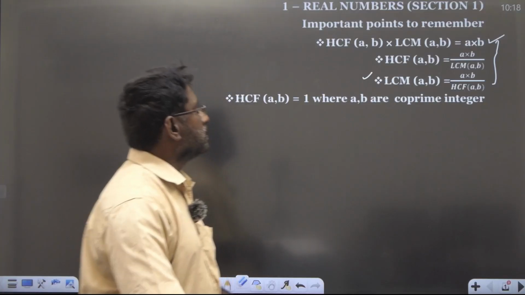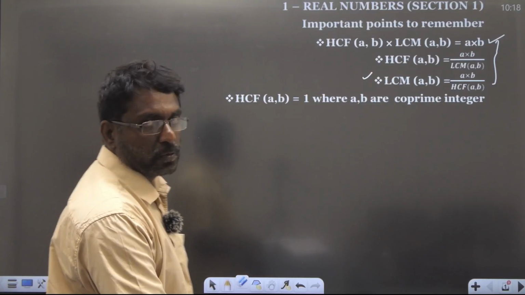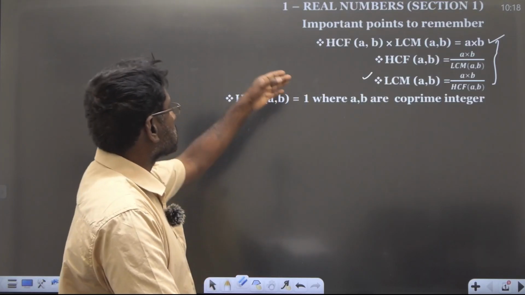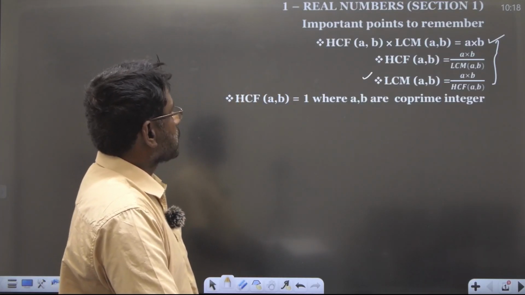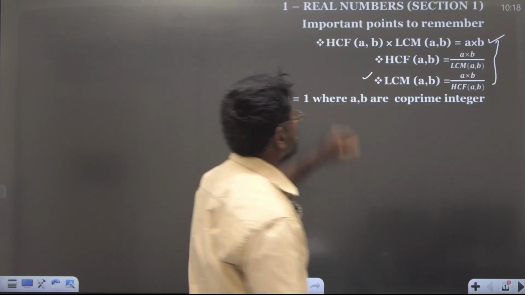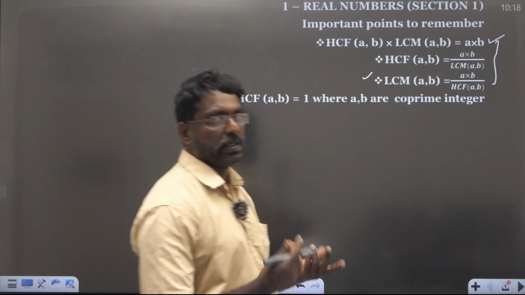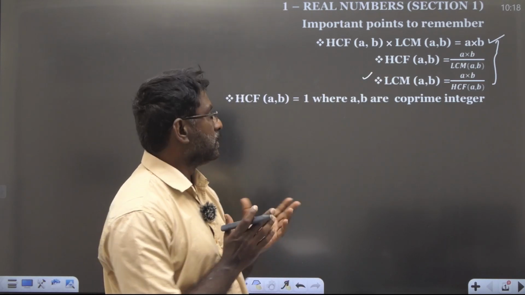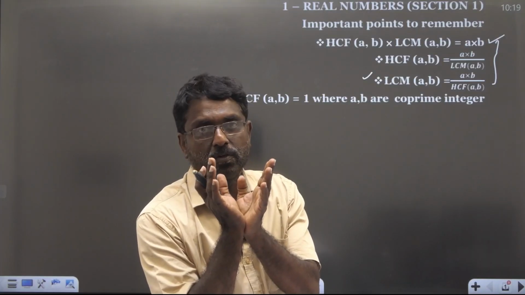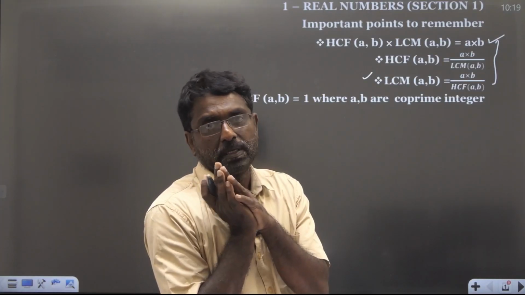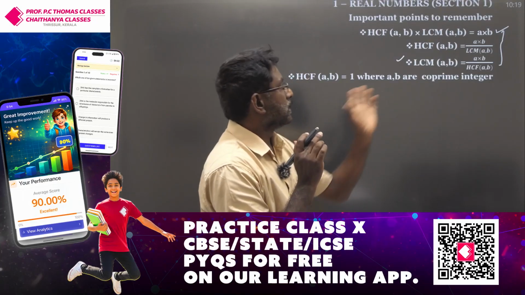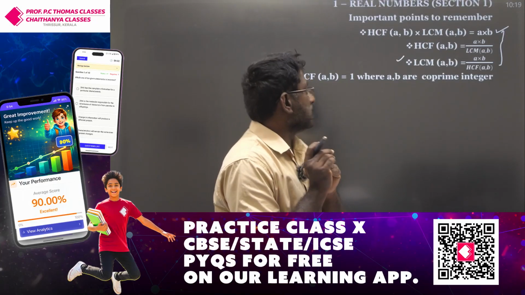Okay, once again, we can conclude today's class. In today's class, we discussed the important points to remember: HCF of A, B into LCM of A, B is equal to A into B. That means the product of LCM and HCF of any two integers is equal to the product of the integers.